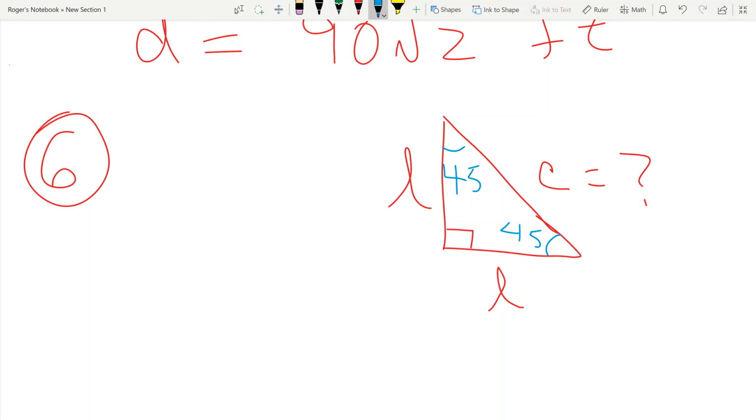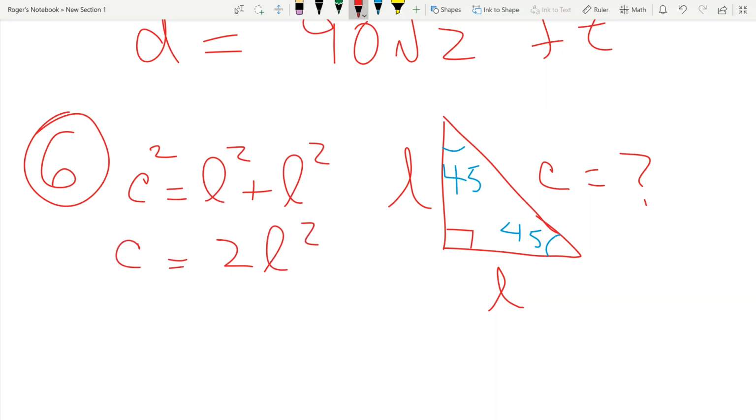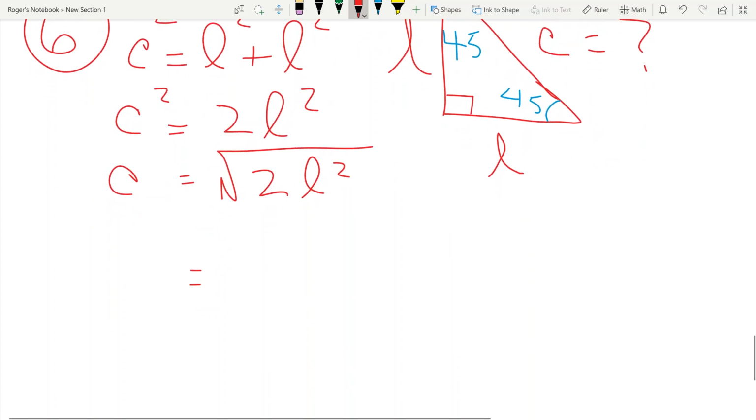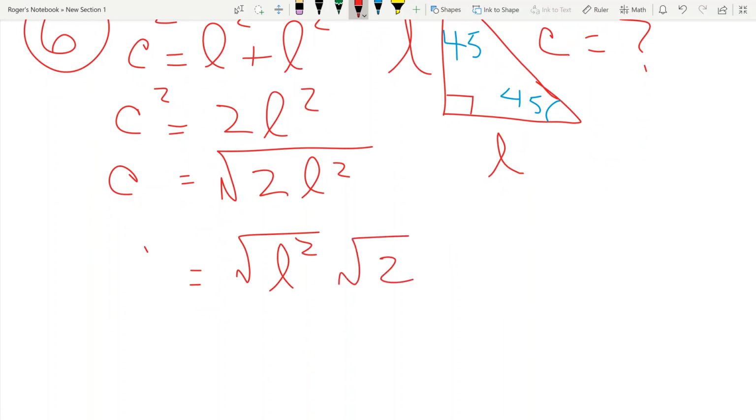So c squared is equal to L squared plus L squared, or 2L squared, that's c squared. So c must be equal to the square root of 2L squared, okay, which you can rewrite as the square root of L squared times the square root of 2.